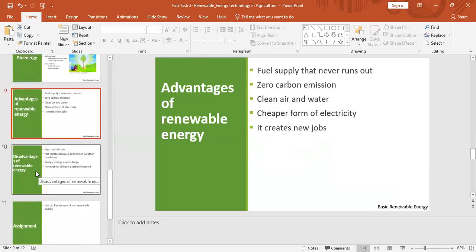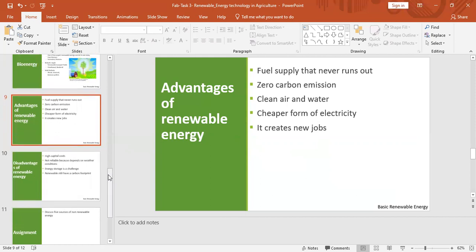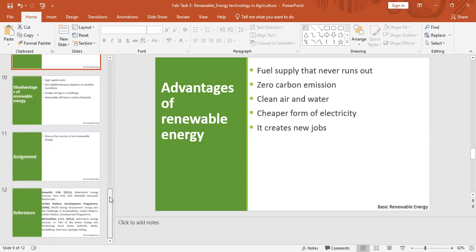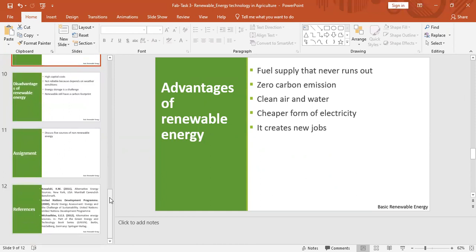Then we have shortcomings of this type of renewable energy. Korir, what could be the disadvantage of renewable energy? Most of them, the initial capital is so high. Okay.